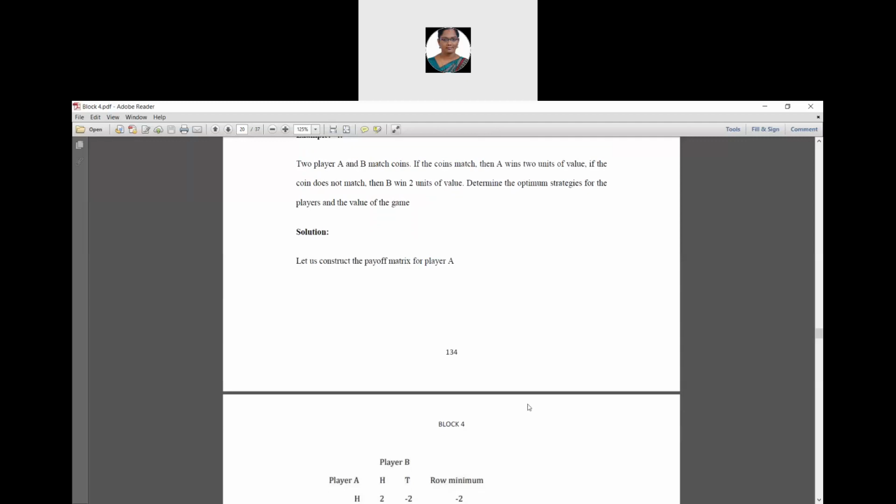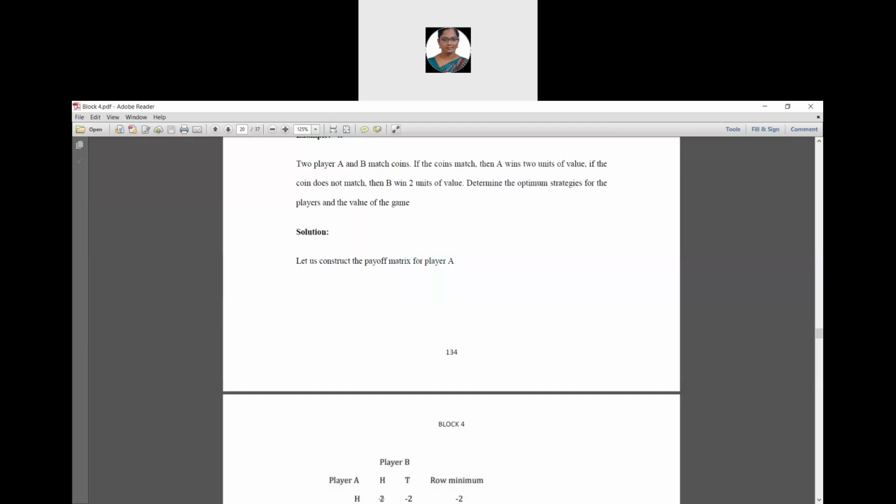If the coins match, then A wins 2 units. If we toss 2 coins simultaneously and both coins give heads, we give 2 units.